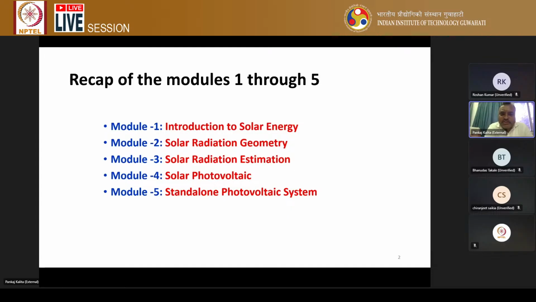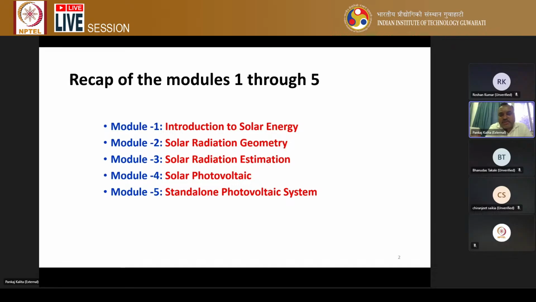In module 1, introduction to solar energy has been described, and in module 2, solar radiation geometry has been elaborated. How all these angles are related in calculating the incidence angle, and every angle has been defined precisely so that there is no difficulty in understanding the significance of each and every angle.